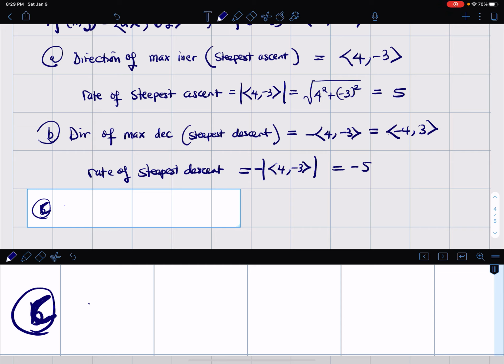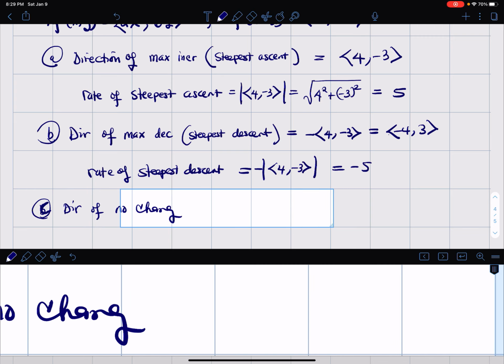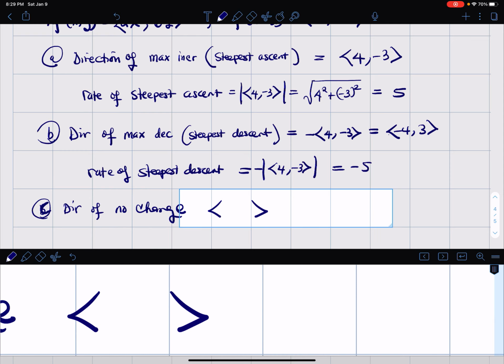Direction of no change. Choose any vector that is orthogonal to 4, negative 3. So we want a vector that when we find the dot product of that vector with 4, negative 3, we end up with 0.